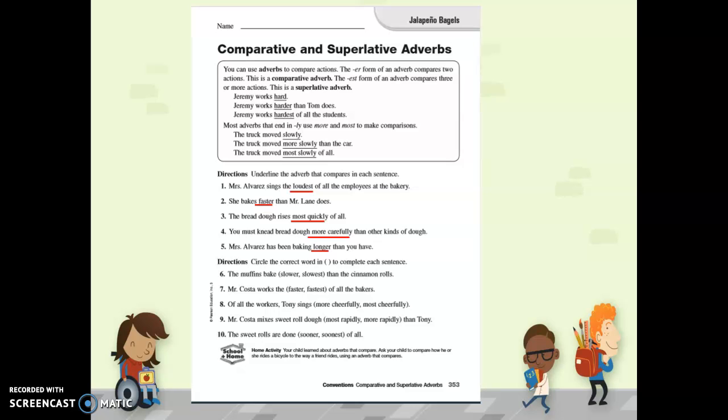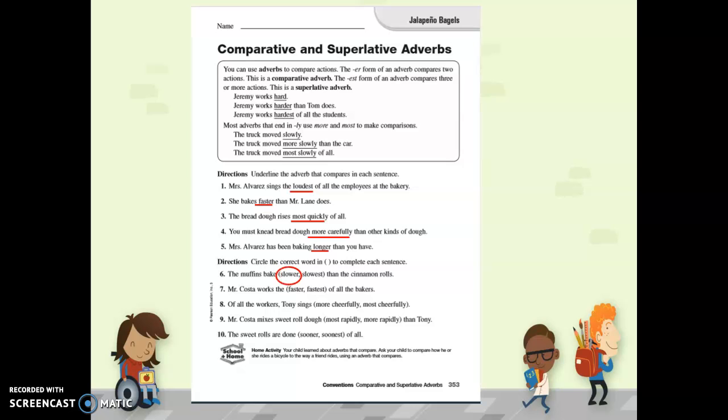Longer. Directions. Circle the correct word in parentheses to complete each sentence. Number 6, the muffins bake slower or slowest than the cinnamon rolls. We are comparing muffins and cinnamon rolls.